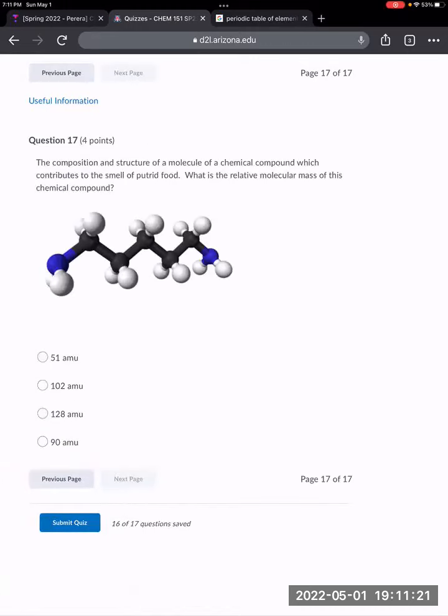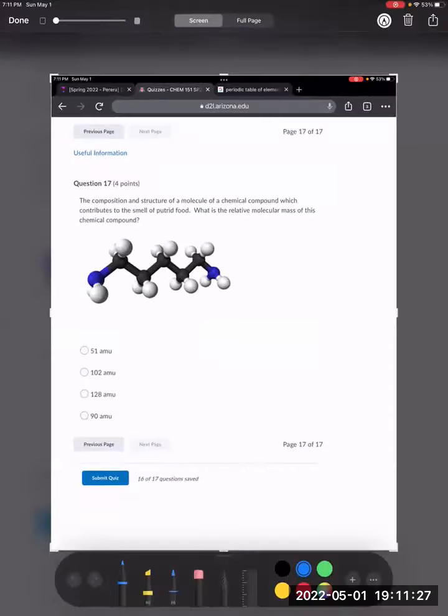All right, you are given a molecule, and you are asked to find the molar mass of the compound. So let's do that. The black atoms are carbons. We have 1, 2, 3, 4, 5. C5. And then hydrogens are the small white ones. We have 1, 2, 3, 4, 5, 6, 7, 8, 9, 10, 11, 12, 13, 14 hydrogens.